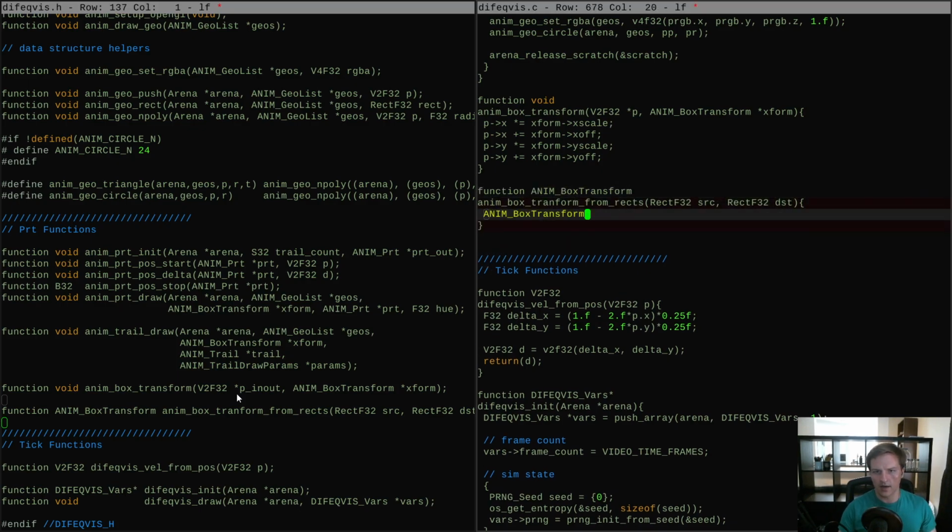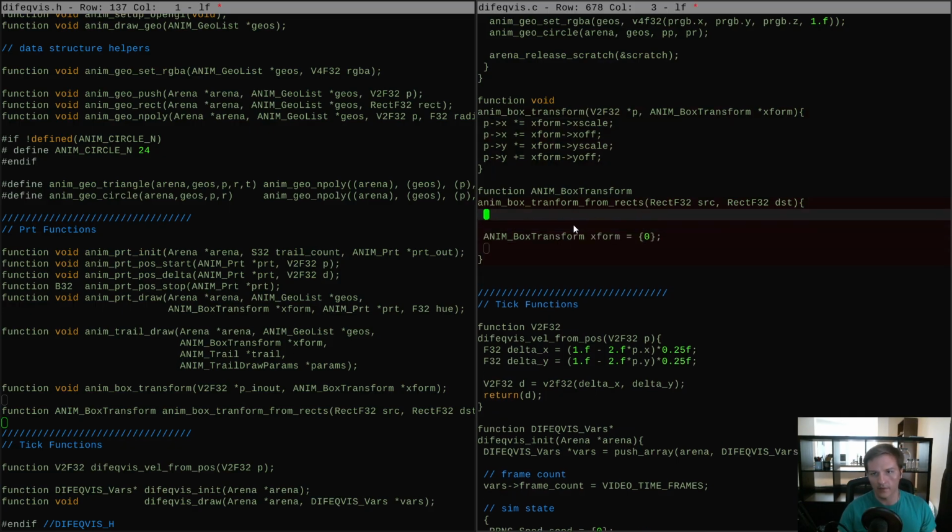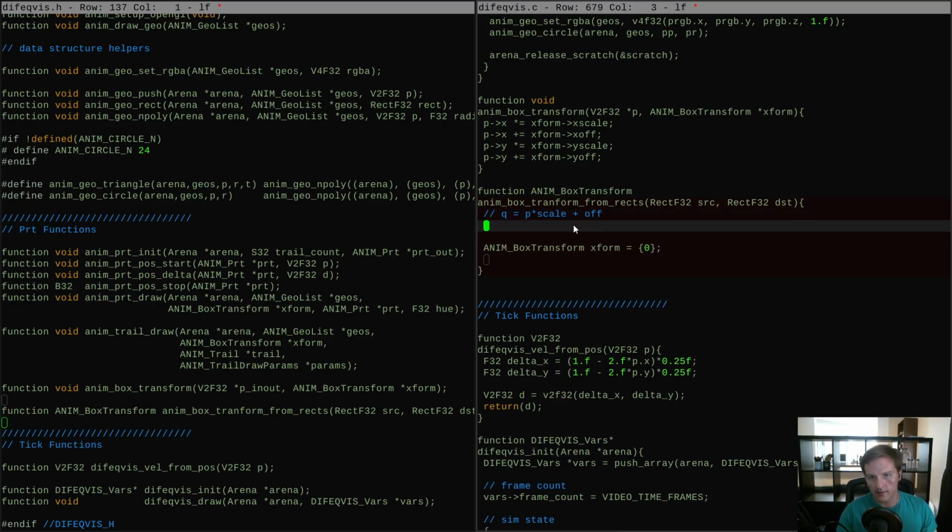All right, to calculate our box transform, this is the equation we're ultimately going to apply. Q is going to equal p times scale plus off.